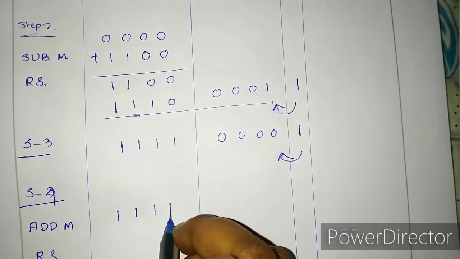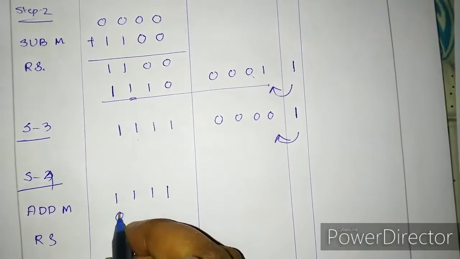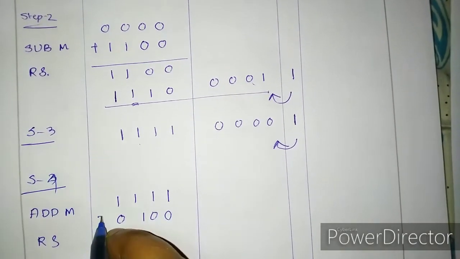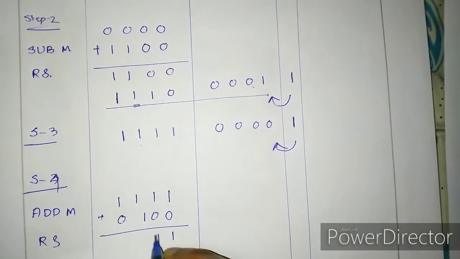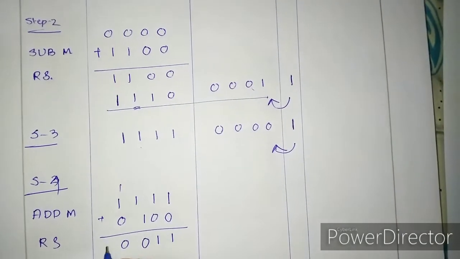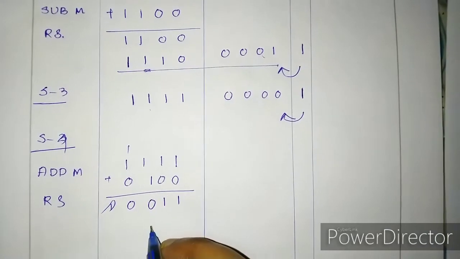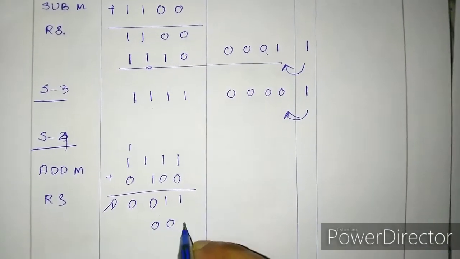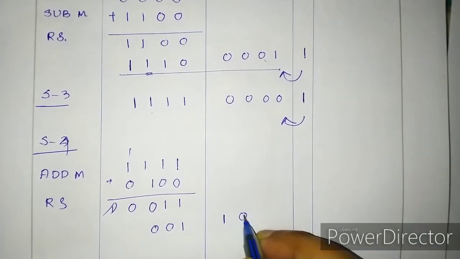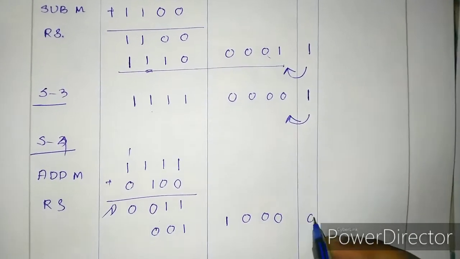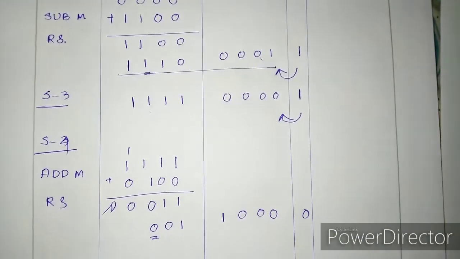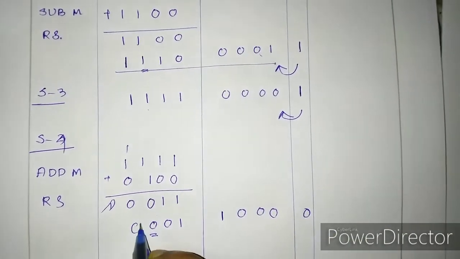1 1 1 1. M is 0 1 0 0. 1 1 1 1 0 1 0. This is the carry. So after the right shift, 0 0 1 1 0 0 0, and there will be a 0. As it is 0 here, we will have another 0 there.